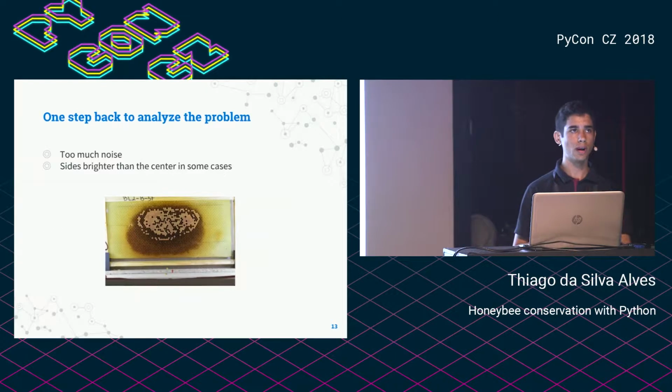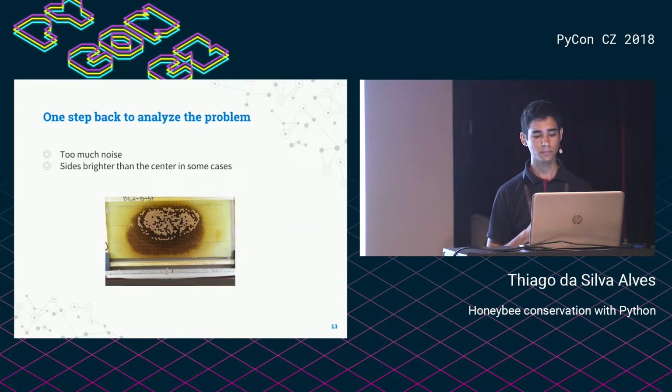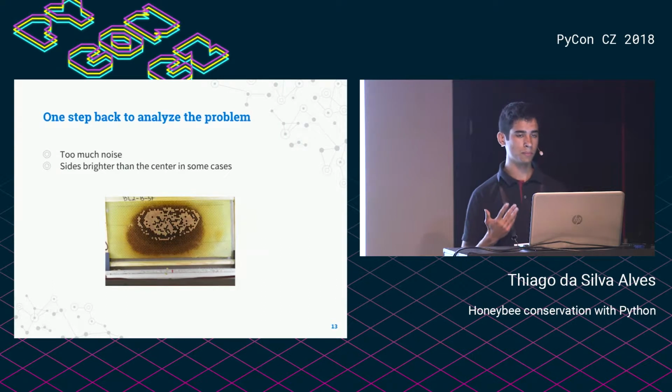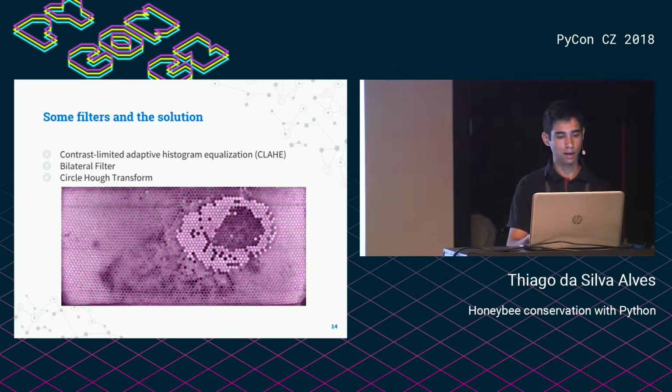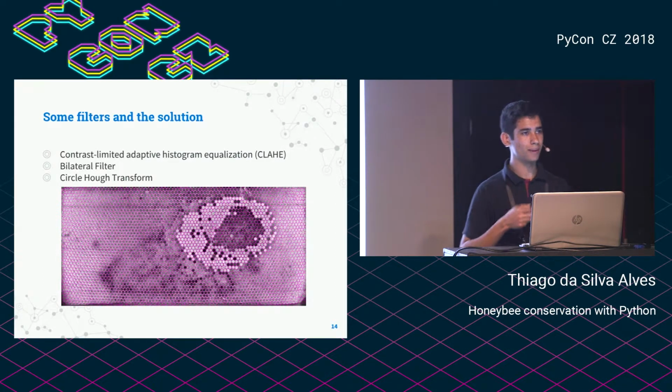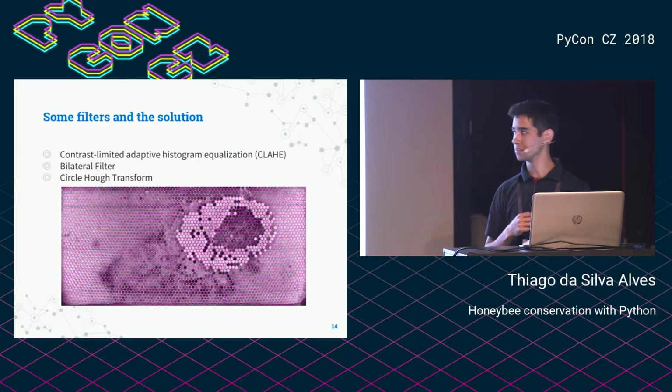And if we tried to use a histogram normalization, we had a problem, because the center would get darker and the corners would get brighter and brighter. So after trying a lot of different approaches and a lot of different filters, we achieved this goal.